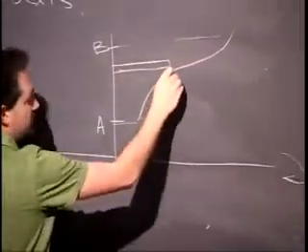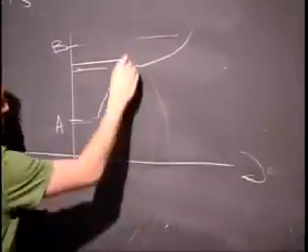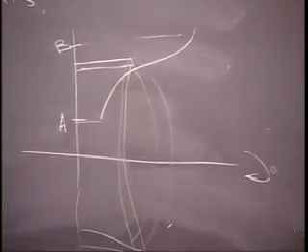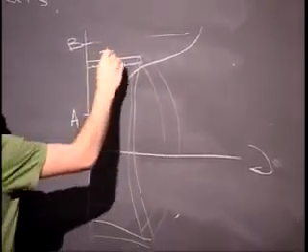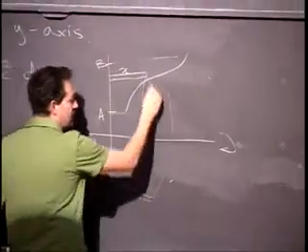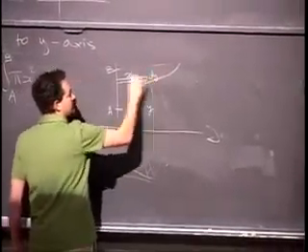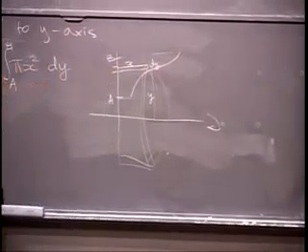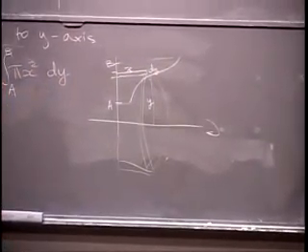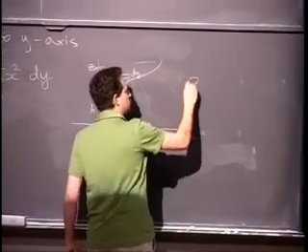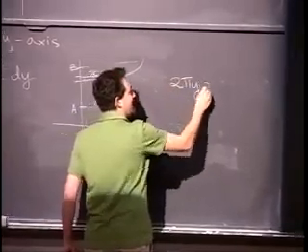Well, then I'm going to use shells, because you'll get a shell. This time the height will be x, the radius of the shell will be y, and the thickness will be dy again. This is a little piece of the y-axis. So the volume of the shell will be 2 pi y this time, x dy.